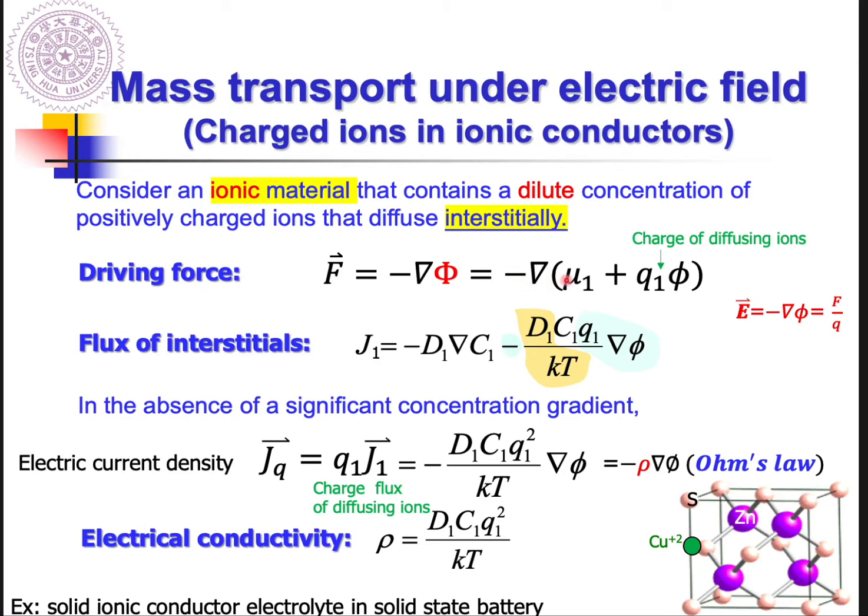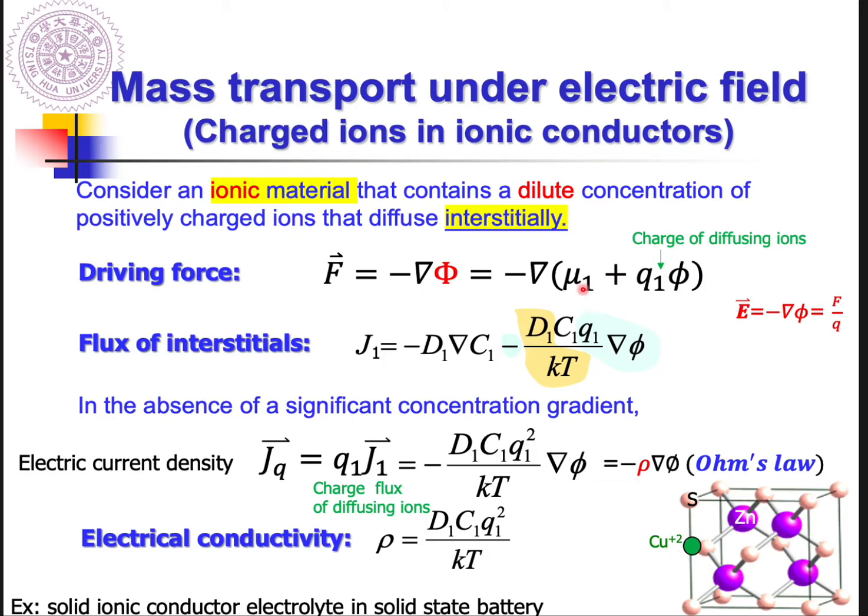In order to understand the driving force applied on these positive ions, because you want to know the flux, right, we need to formulate the potential of these positive ions. If you look carefully at this example, how many possible driving forces are applied on these ions? Two, right?